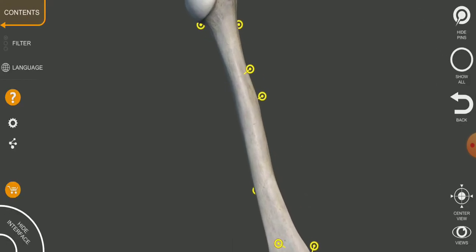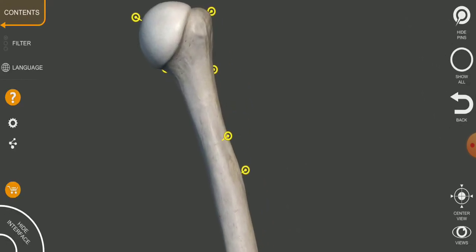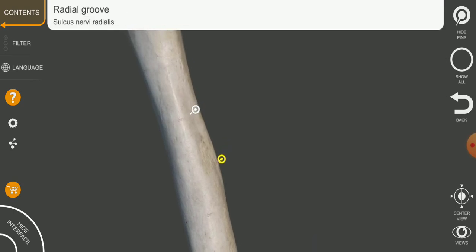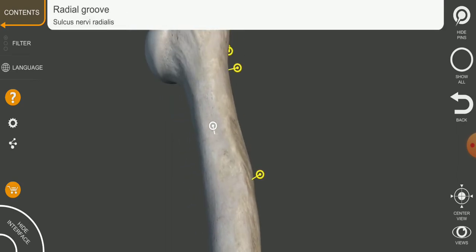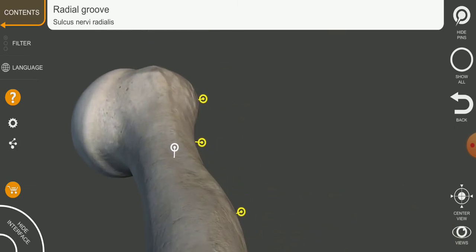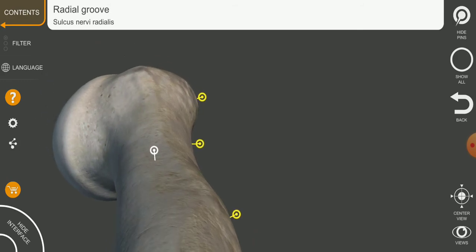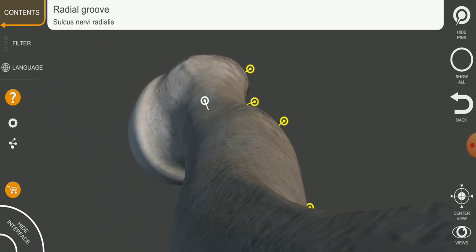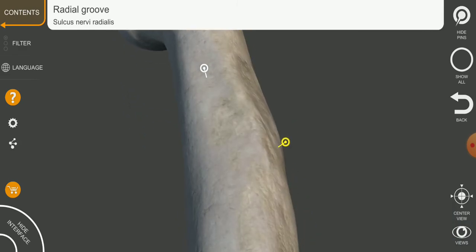On the back side, we have a groove that is for the radial nerve. The radial nerve comes through like this, so this area, a deep groove-like area, is called the radial groove. So we can see here, this is the radial groove.